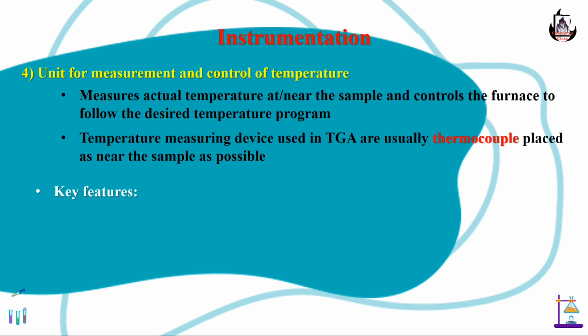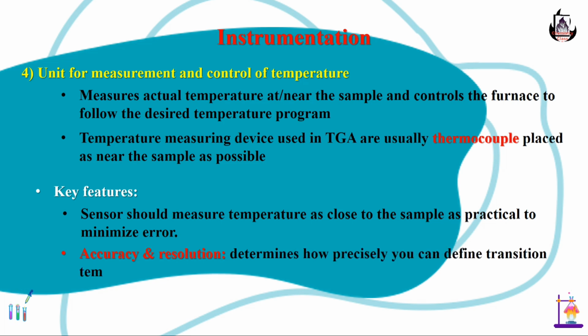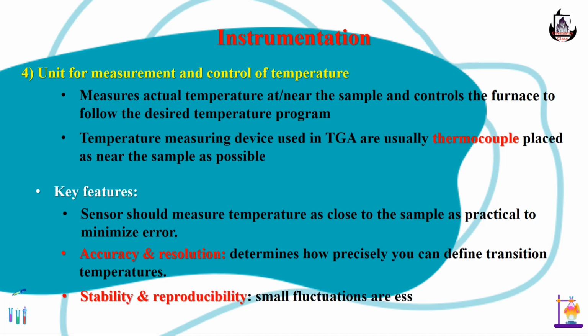A key feature of this instrument is that the sensor should measure temperature as close to the sample as practical to minimize error, with accuracy and resolution for determining how precisely you can define transition temperature, and stability and reproducibility.